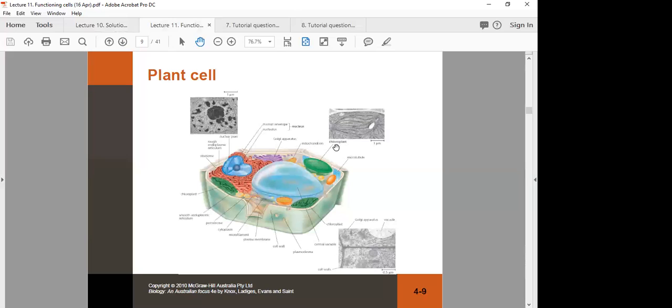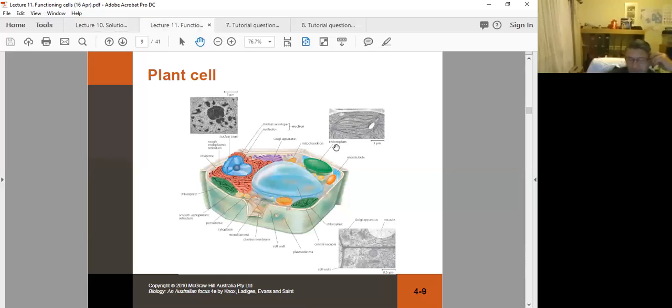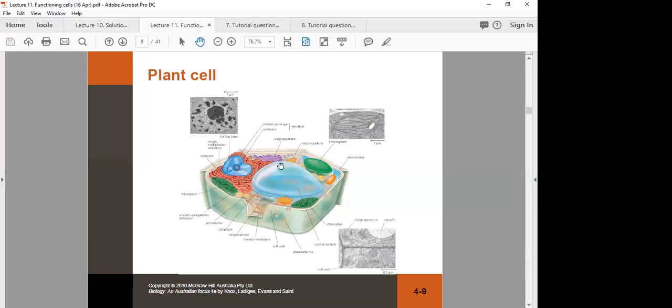And one other major difference, something that you can see here, which you do find in animal cells, but very, very few, and they're very, very small. Vacuole? Vacuole, correct. Plant cells tend to be characterised by this enormous vacuole, which occupies often almost the entire space within the cell.